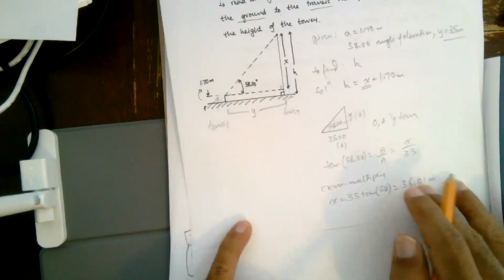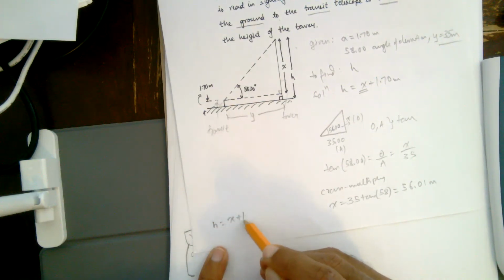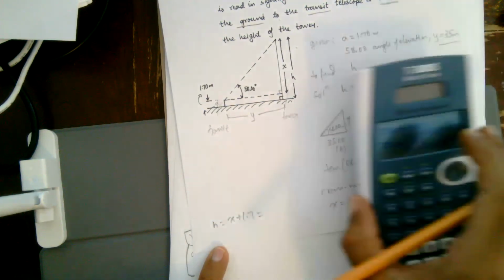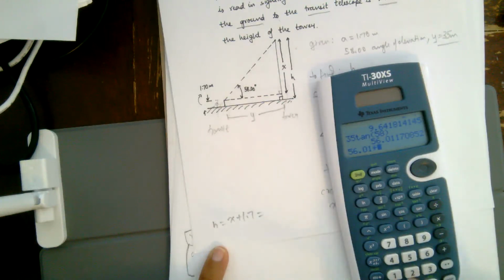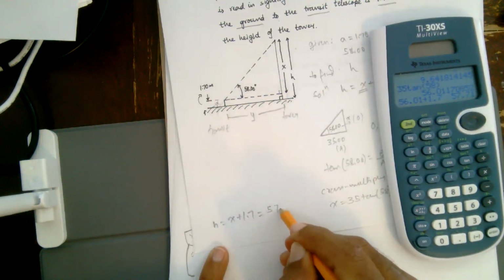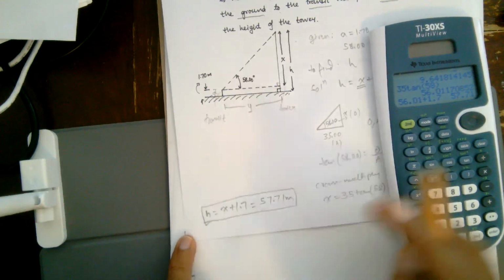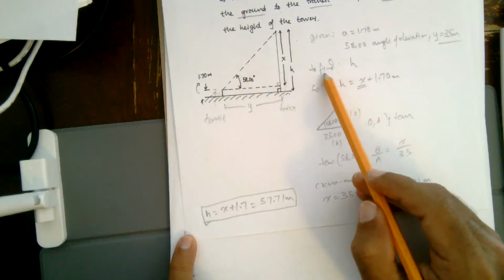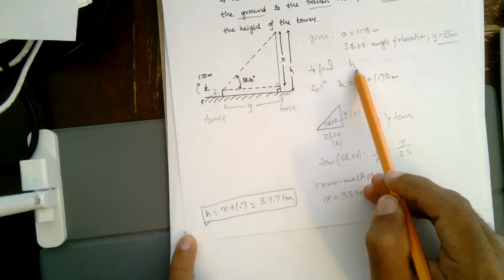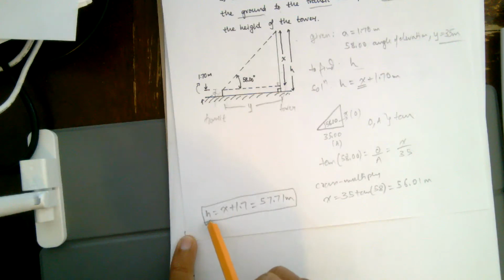Not done yet, because h is x plus 1.7, so it's 56.01 plus 1.7, giving me 57.71 meters. In the end, always verify that what you had under to find matches up with what you actually found in the solution part.